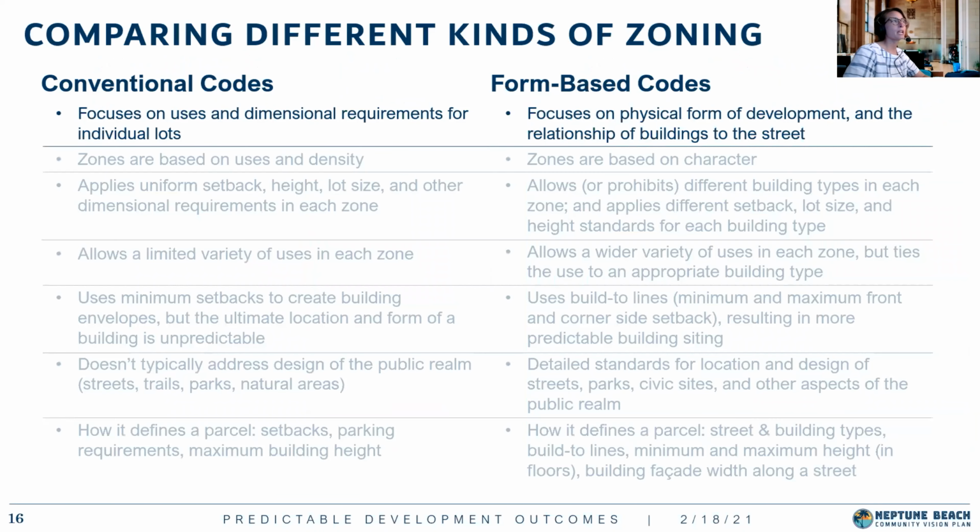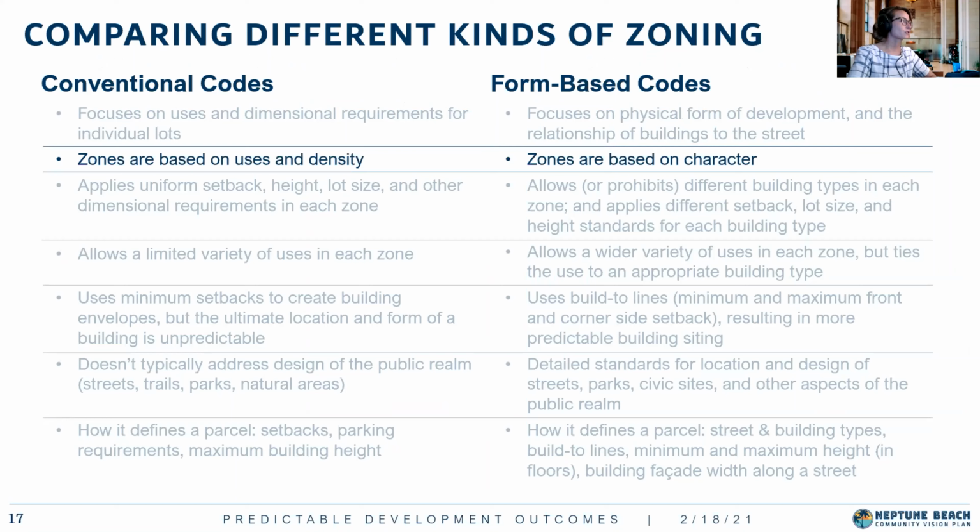So I'm just going to compare a couple of aspects of conventional codes versus form-based codes. Conventional codes focus again on uses and dimensional requirements for each lot. Whereas form-based codes, like I've mentioned, focus on the physical form of the actual development and the relationship of buildings to the street.